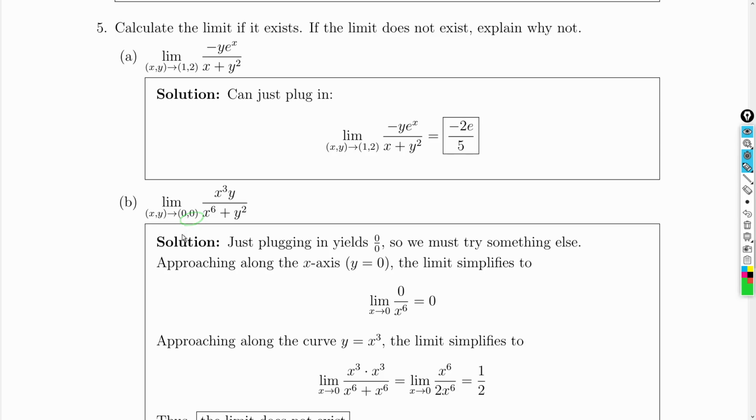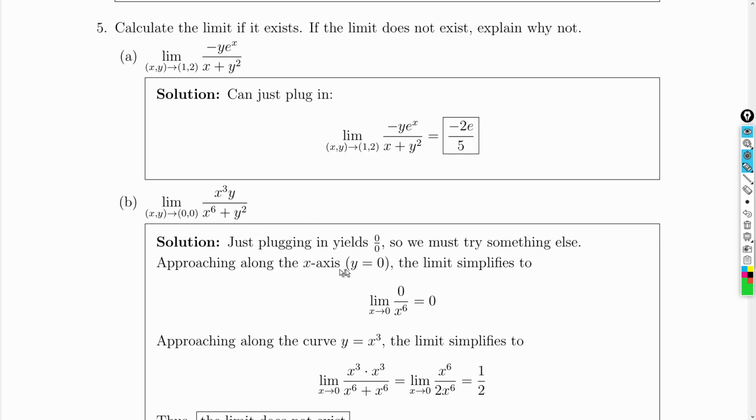We don't really have a way of showing the limit does exist in this kind of weirder situation. You can maybe reason about it through some other means, but usually such problems will indicate that the limit shouldn't exist if we can't just plug in right away. So let's go ahead and think through this.